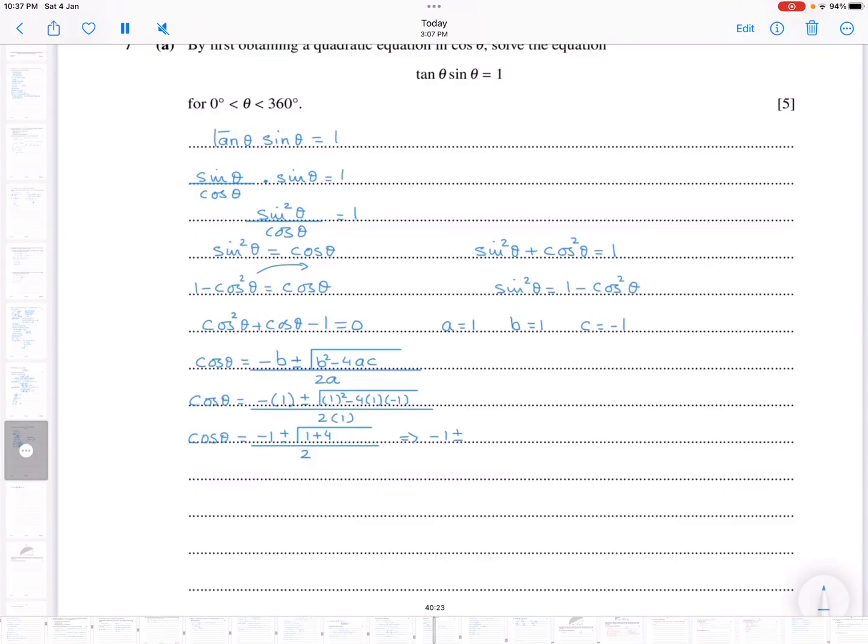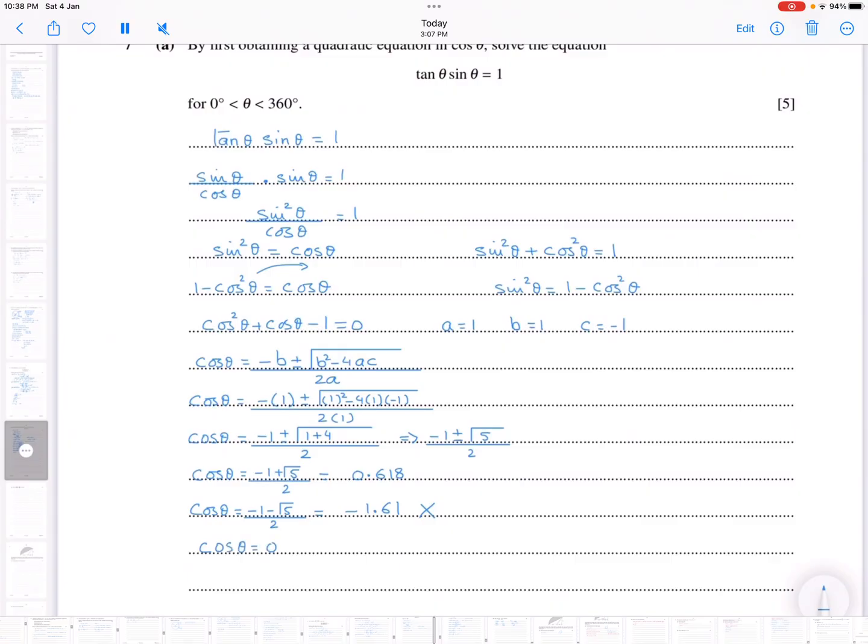So you get one value with plus and one with minus. This one is minus 1.618. So look, cos theta equals minus 1.618 cannot be, because sine and cos remain within 1. So you cross it out.